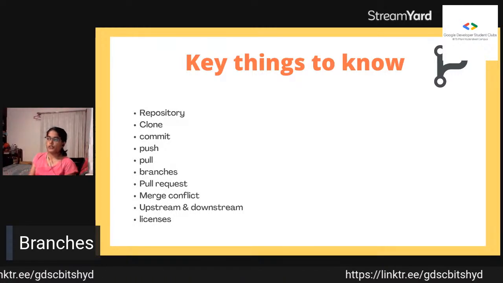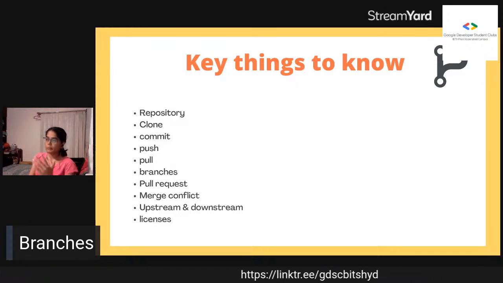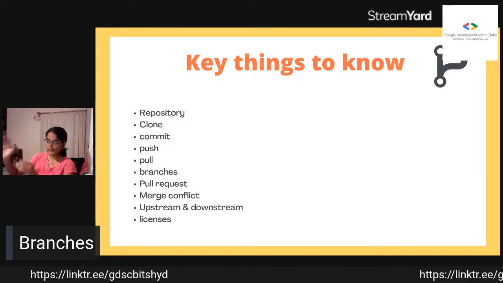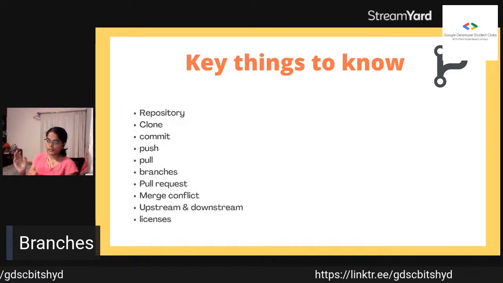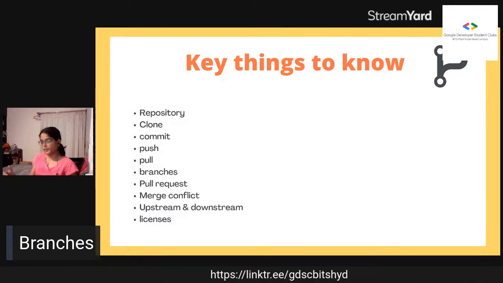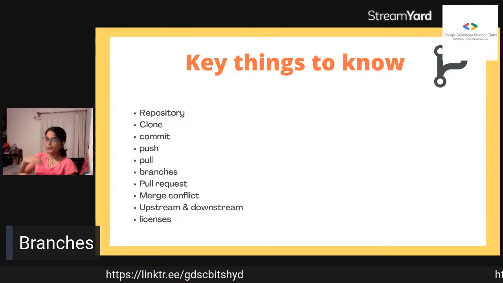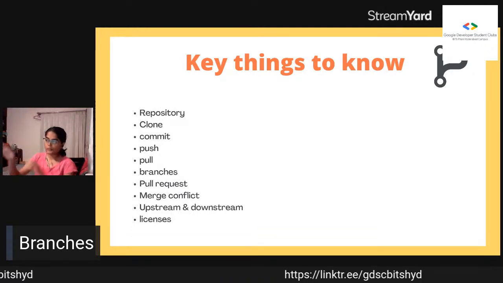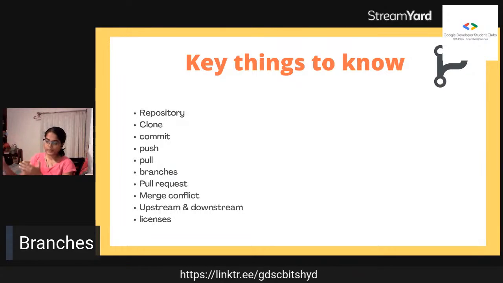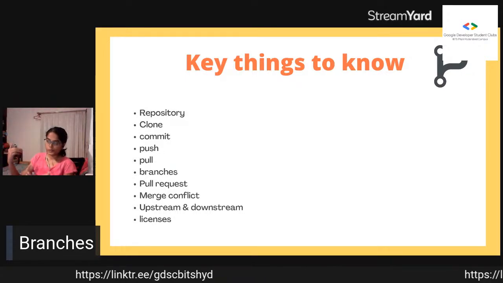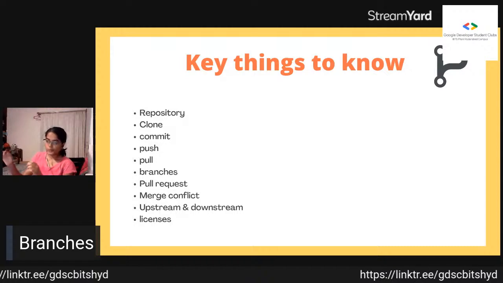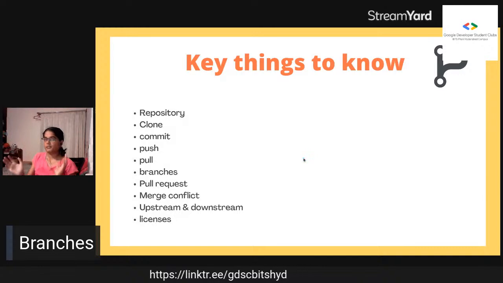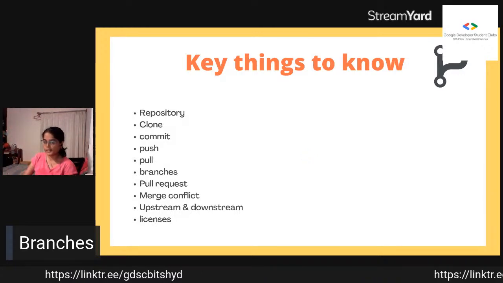Branches are literally like making a copy, which has its own history, and you can keep working on it, and there would be no change to the original line of code. This would just be an alternative copy that exists, and you can keep working on it, and when you know that the new feature is built or the bug is fixed, then you can merge it with the old sequence of code. I'm not sure if that was clear. I think I'll make it clearer on the next slide.